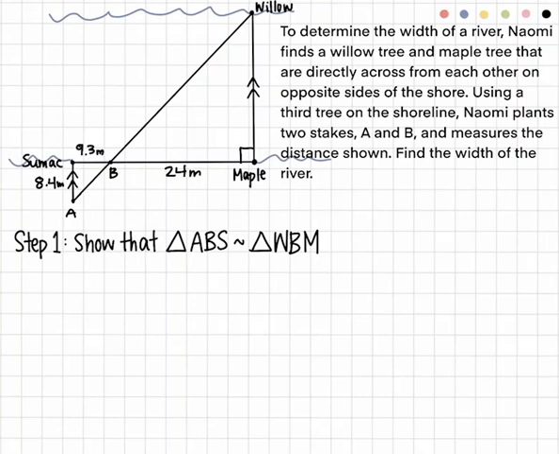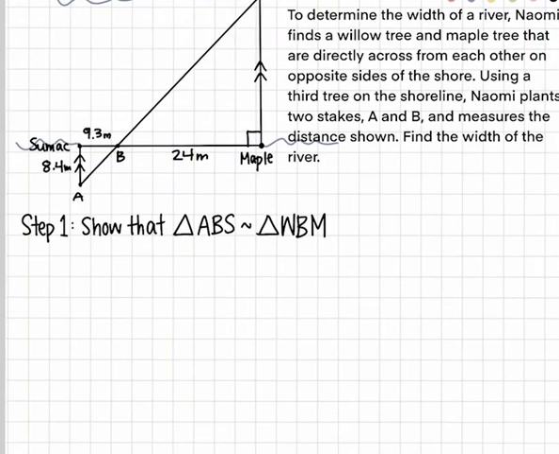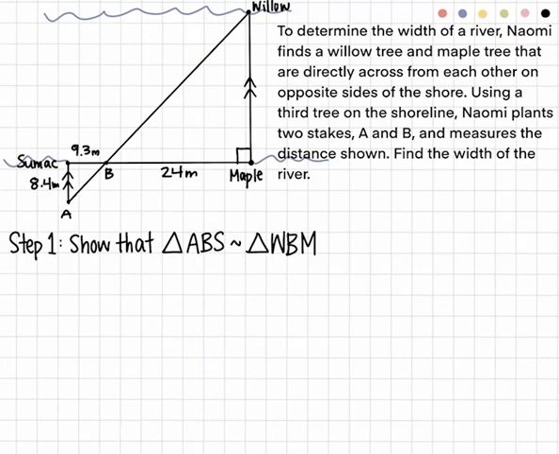The way that we show that these triangles are similar is by showing which angles are equivalent to each other. So let's take a look here. I'm going to do angle ABS is equal to angle WBM.